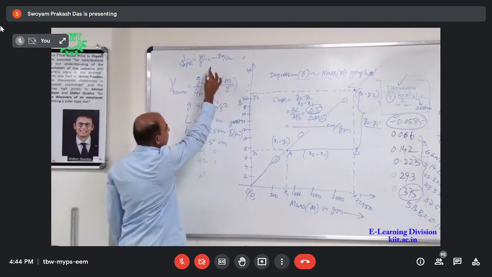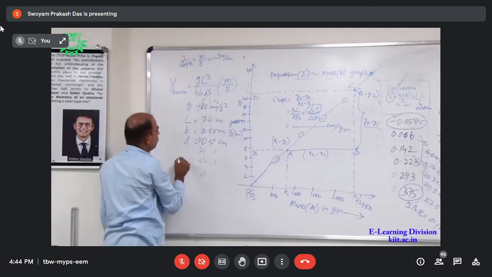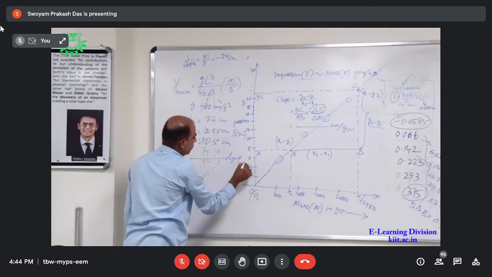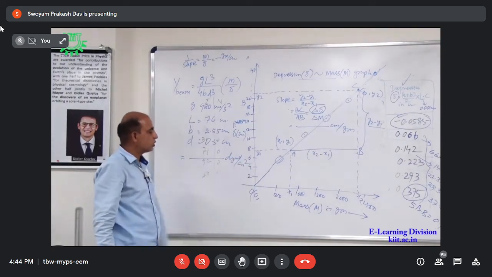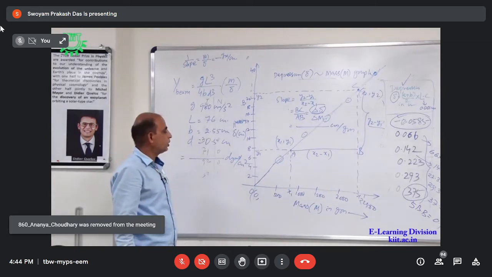Then m by delta that we got from our graph. Then after we will find the value of Young's modulus, that is in dyne per cm square, because it is in CGS system, and in SI system it is Newton per meter square.